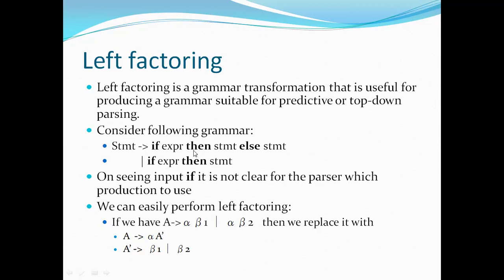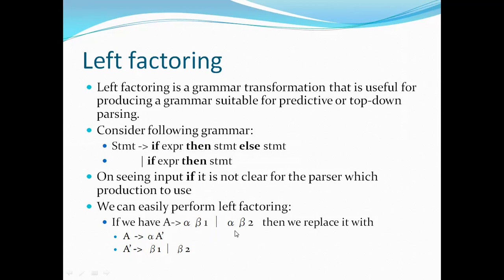For example, the production is in the form like this: A is production with alpha beta 1 or alpha beta 2.